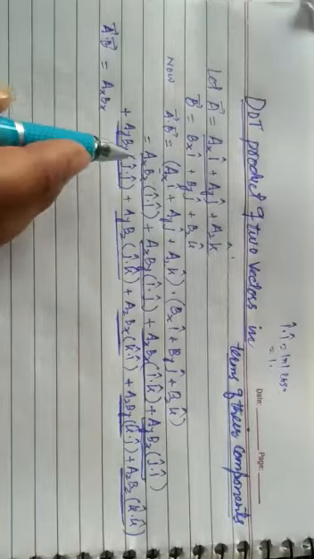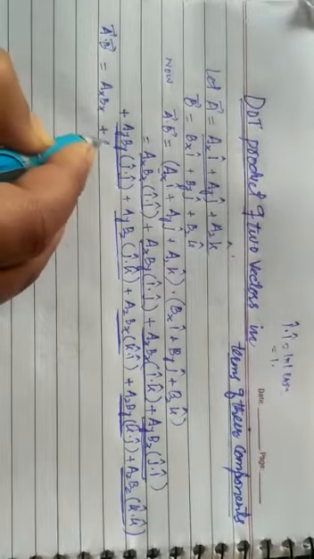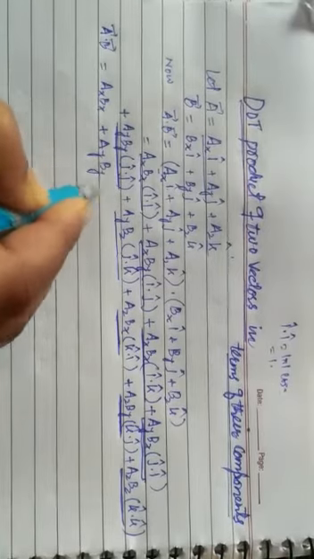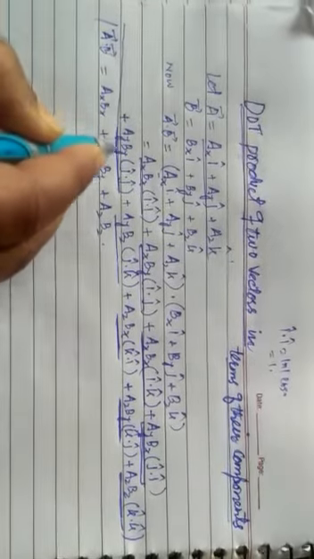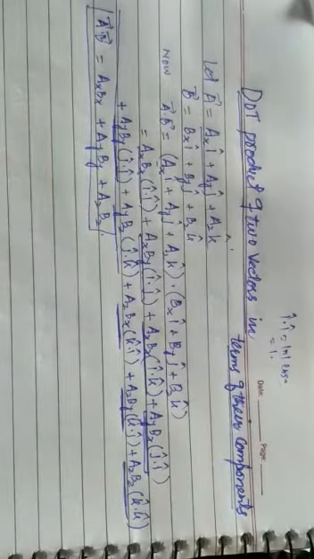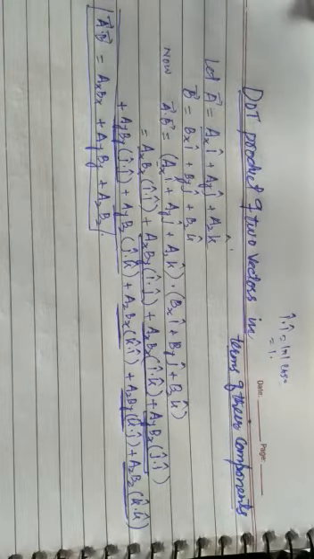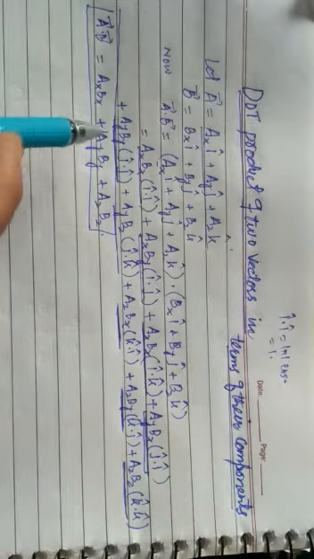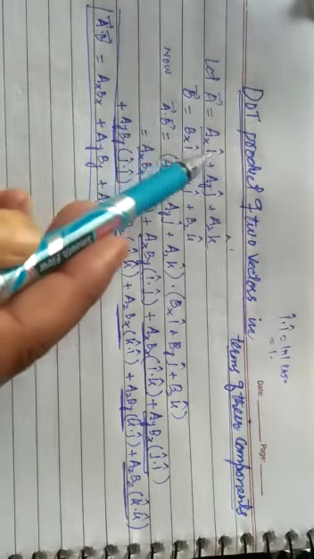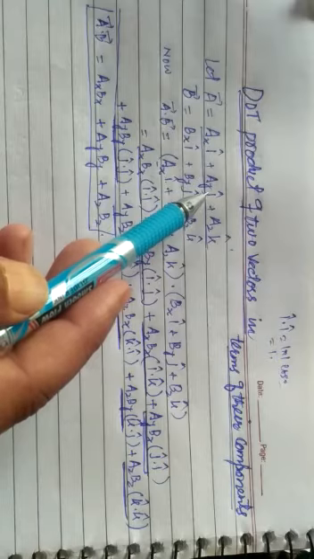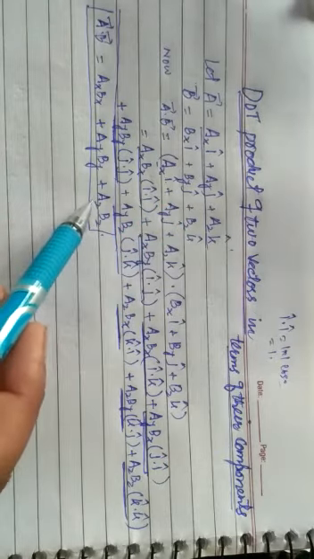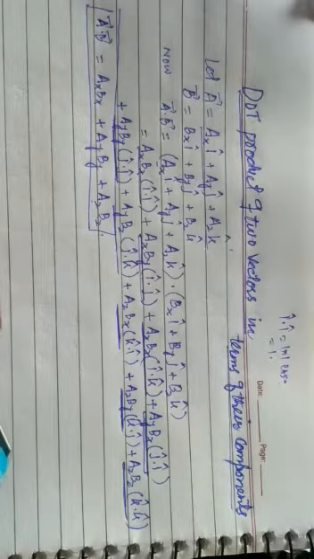We are left with only three terms: ax bx plus ay by plus az bz. This is what we have to remember: the dot product of two vectors is simply the multiplication of the same components. We multiply the components along the x-axis, plus those along the y-axis, plus those along the z-axis.